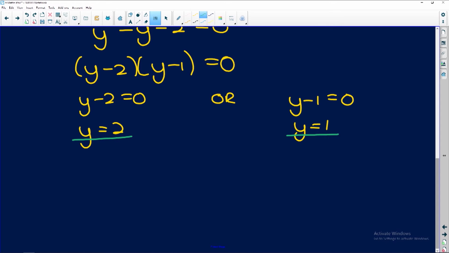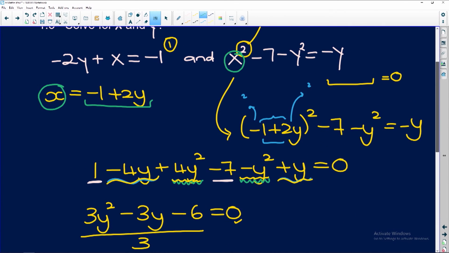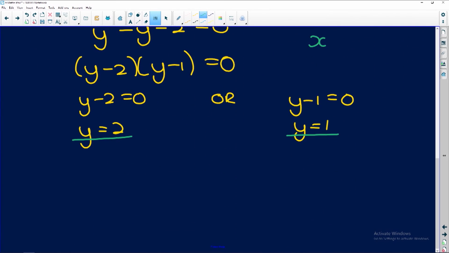But guys, remember, solve simultaneously for x and y. Right at the beginning, we found this expression for x: x is equal to -1 plus 2y. Now that we found our y values, we can substitute them in.